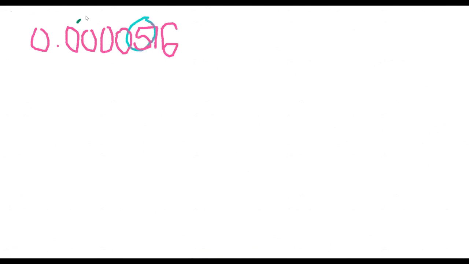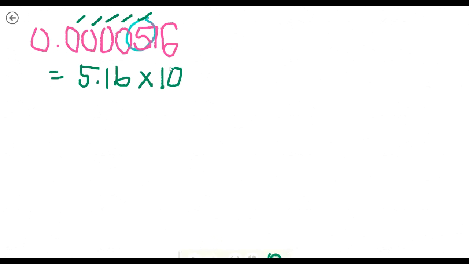So I'll count 1, 2, 3, 4, 5. That's going to be equal to 5.16 times 10, and we counted 1, 2, 3, 4, 5, so we're going to put negative 5.